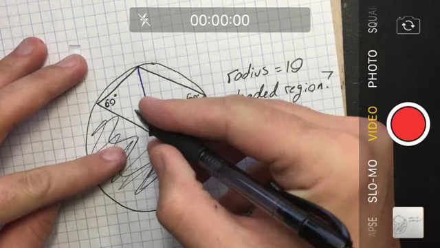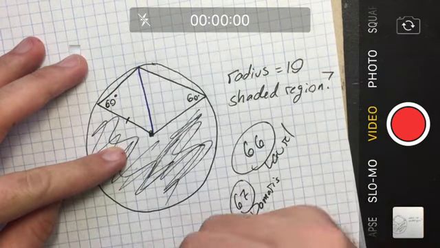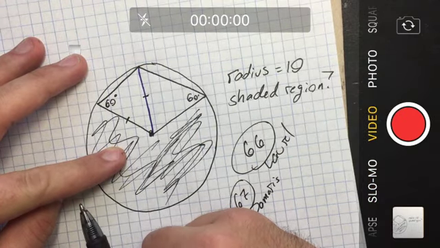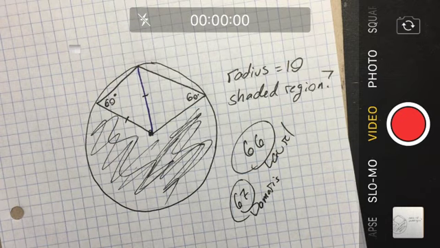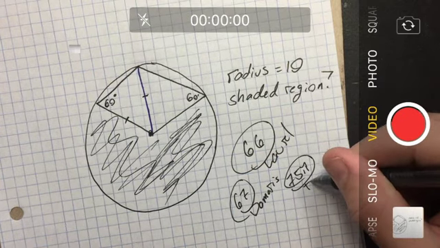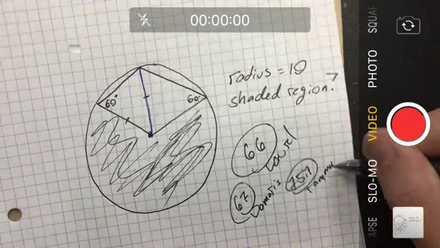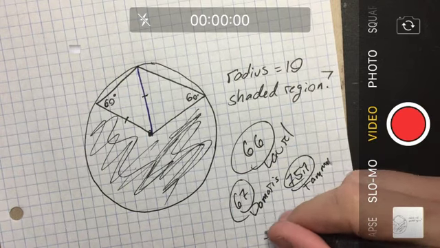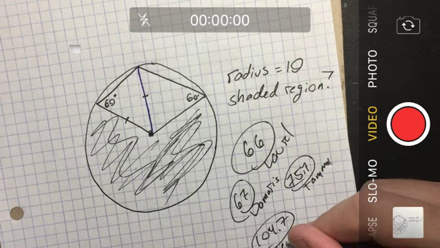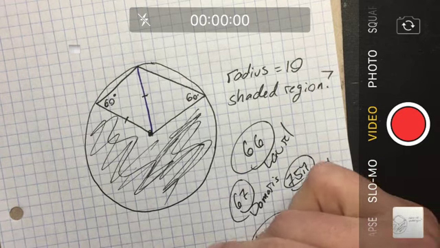So we could say that this side and this side equal each other. Does that change the way you think about this? Amy got 75 pi. Henry got 104.7. Is that a radio station? 74 for Lulu.